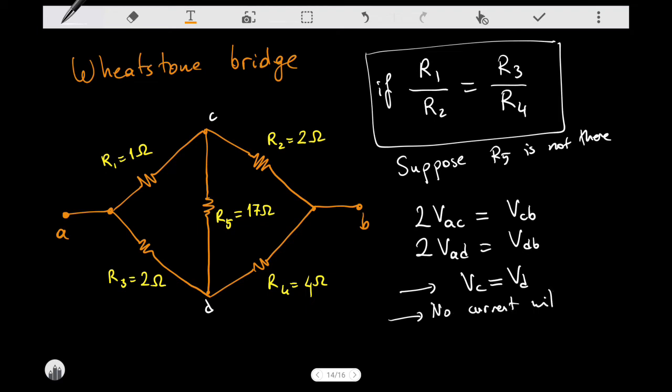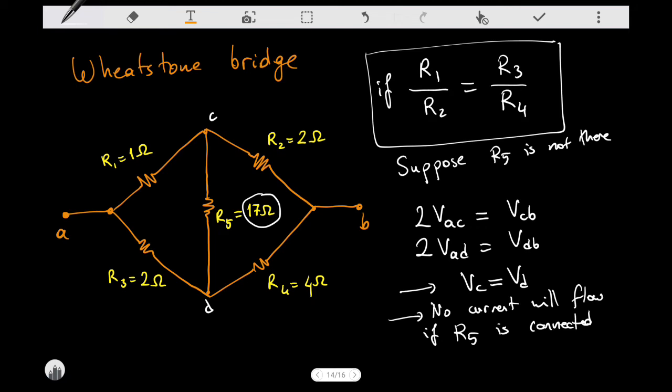Current will flow if R5 is connected, which means the value of R5 is not important at all. So I can change the value of R5. That's the significance of that one. So it doesn't matter if this was 30 ohms or infinite ohms or 0 ohms. For the whole circuit, I'm going to get the same solution independent of what that value is.